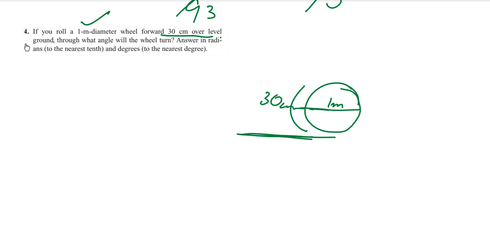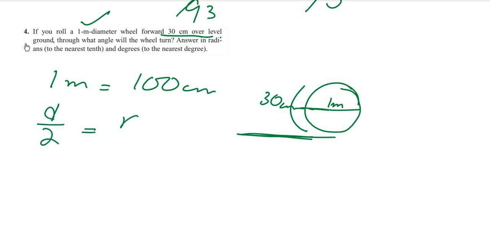We can convert the 1 meter into centimeters, that is 100 centimeters. Diameter over 2 is equal to radius, and that is 50 centimeters. So we get the radius and the arc length, and by using these two, we can easily take out the angle.